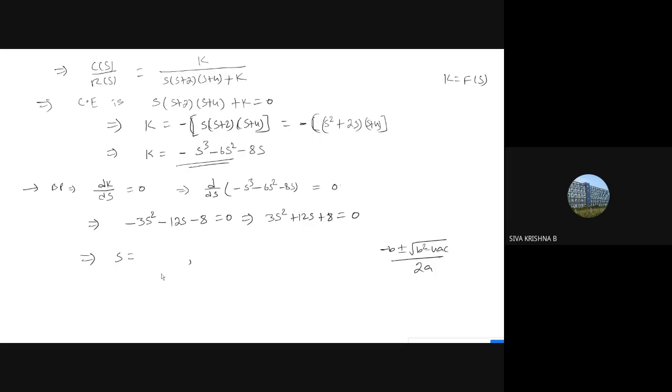Use the calculator. Tell me in terms of decimal points.